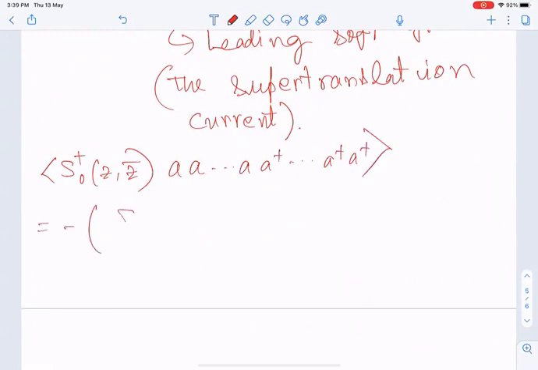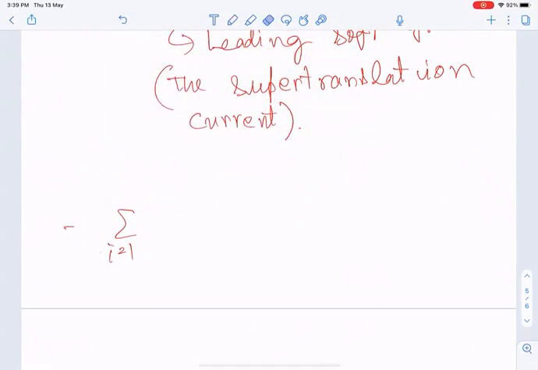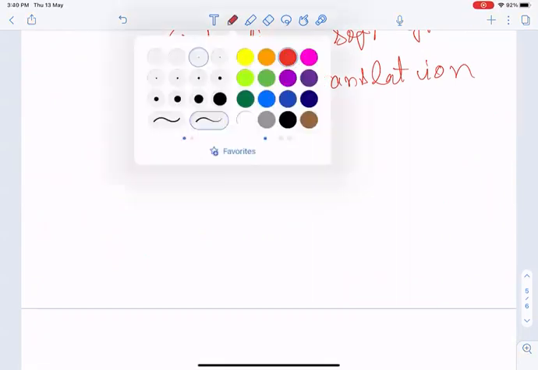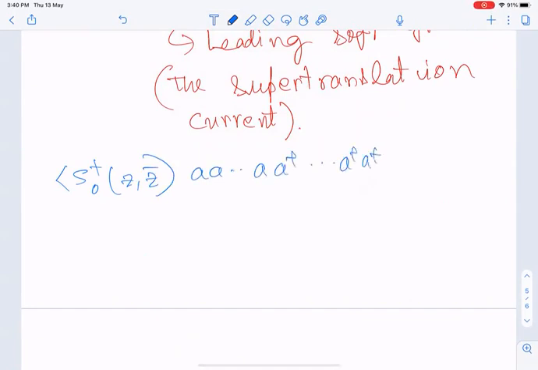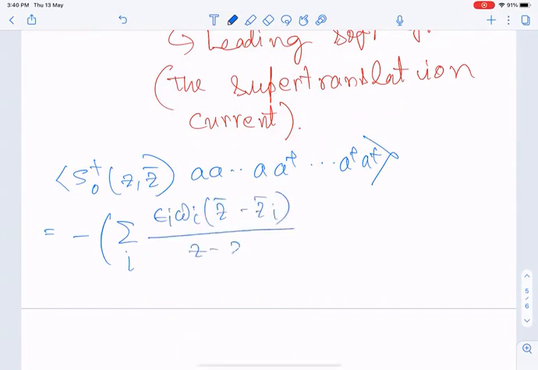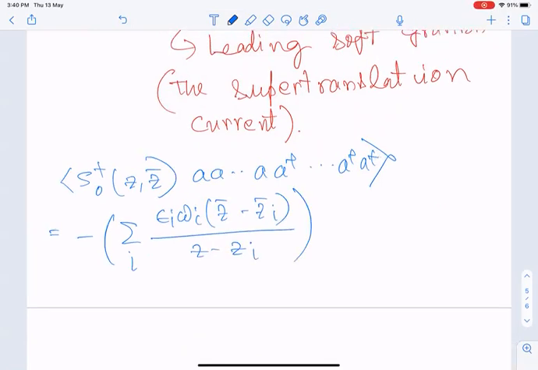So this has this form. We want to basically get rid of all these omegas.